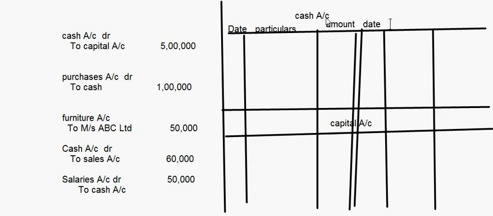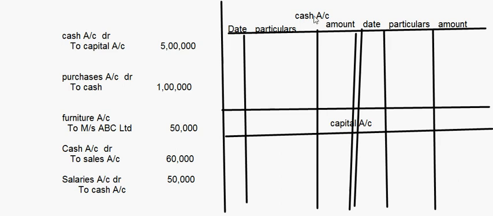This is date, particulars and amount, like this, right? Now see this cash account, there are two accounts involved, cash account and capital account. In cash account you will write capital account, and in capital account you will write cash account, okay?